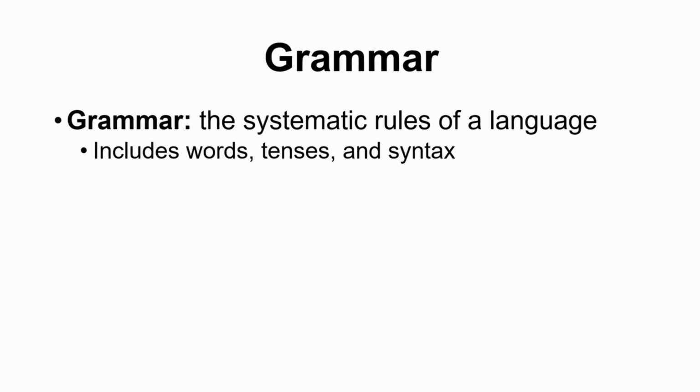And I believe I've mentioned this already, but the overarching term to talk about all of these rules, all of these systems that we have that control how language is formed, we call that collection grammar. So grammar can look at our different rules for forming words, how we can modify those words using different tenses. So past tense versus future tense, walk versus walked versus walking.